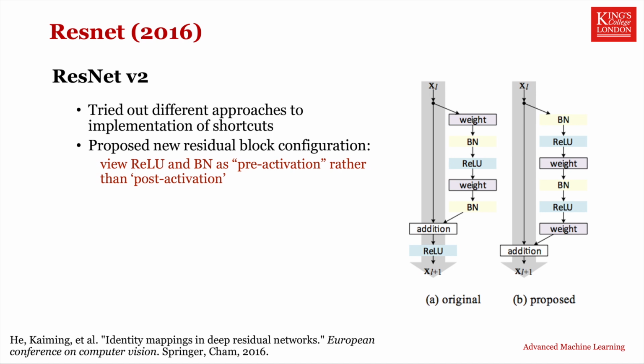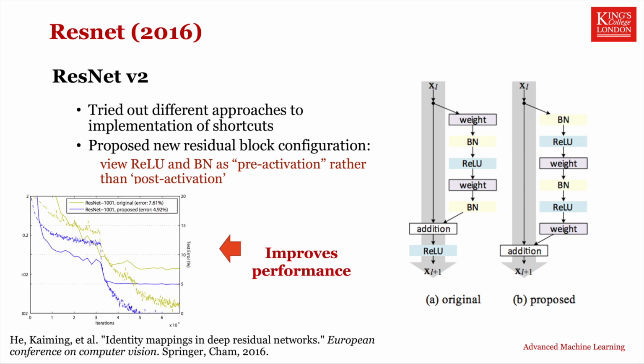Then, subsequently in 2016, the same authors proposed an updated version of the ResNet, which they found essentially through trial and error of different approaches to implementation of these shortcuts, where here they specifically recommended that, in contrast to the original network, the ReLU and the batch norm should act as pre-activations rather than post-activations of the convolutional layers. So this formulation was shown to increase performance quite well for very deep networks.